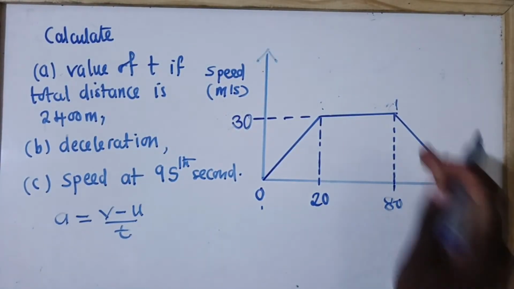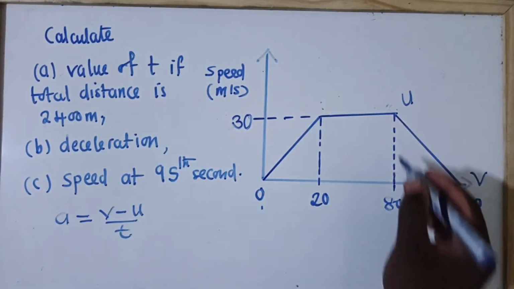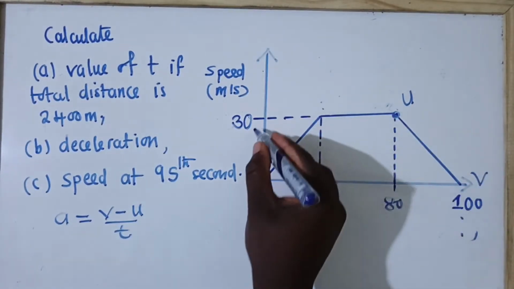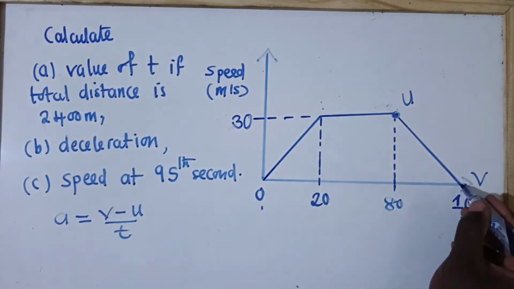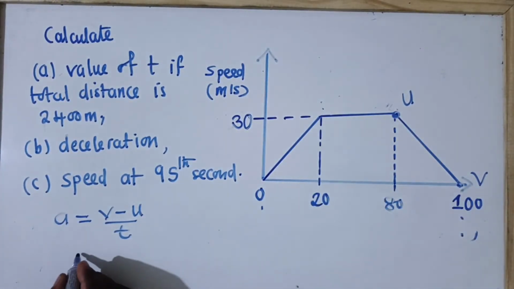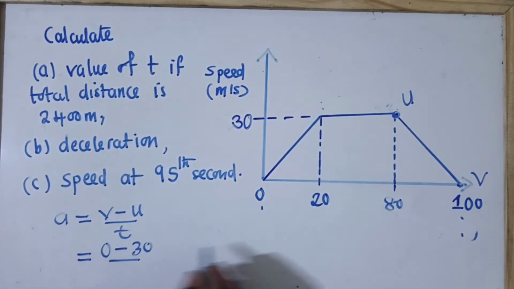So we're going to say for deceleration, our u will be here, our v will be here. So where it started here, that's where our u is. What is the value of u? It's a 30. And where it ended here, that's v. What's the value of v? It's a 0. So we can plug in v, it's a 0, minus u, it's a 30, over t.